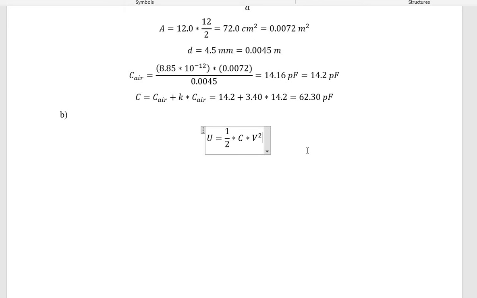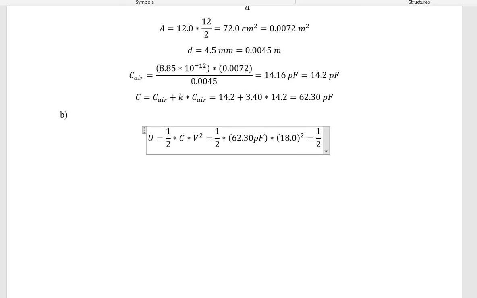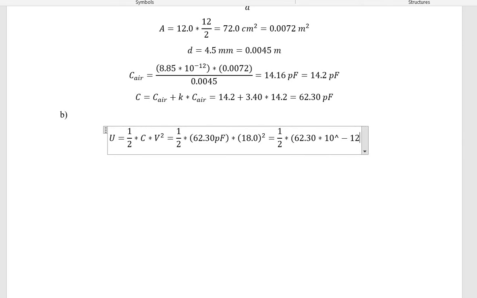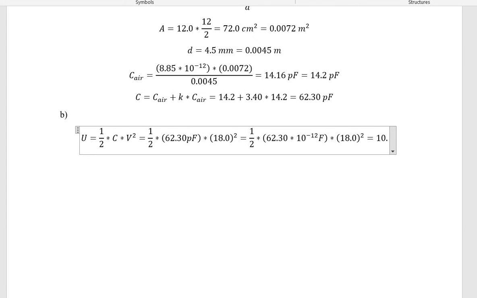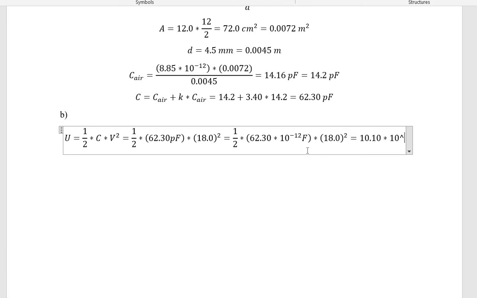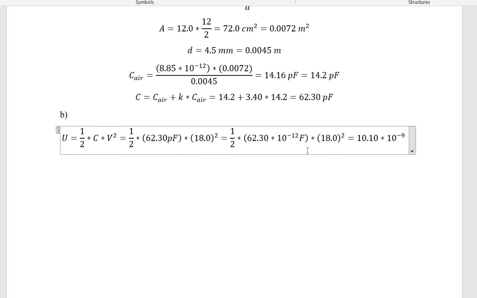So it's equal to 1 over 2 multiplied by 62.30 picofarads multiplied by 18.0 squared, and it's the same as 1 over 2 multiplied by 62.30 multiplied by 10 to the negative 12 farads multiplied by the same value of V. And all this equals 10.10 multiplied by 10 to the power of negative 9 joules.